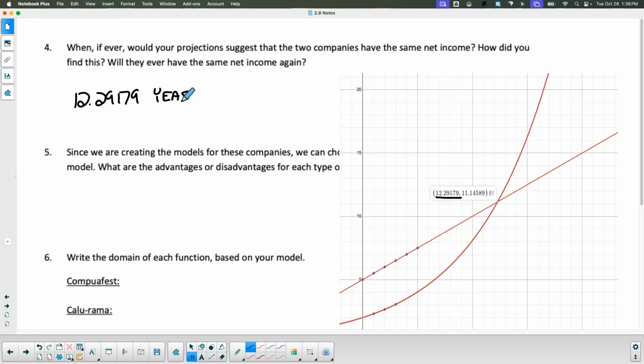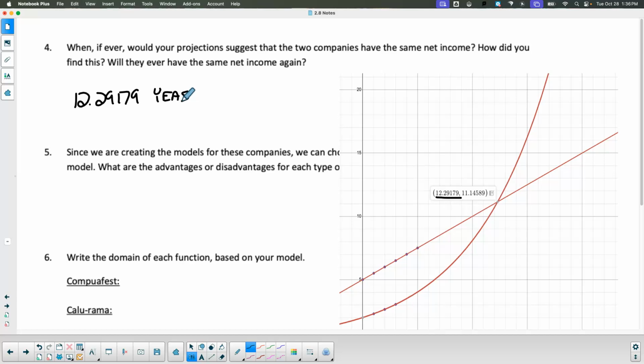I would go with kind of end of February-ish. What would that actually be? 0.29179 times 12 would be, actually, no, it's middle of March. Yeah, middle of March.